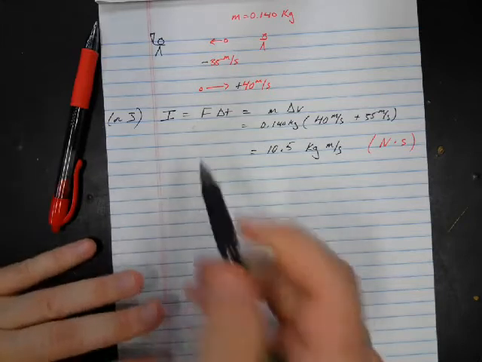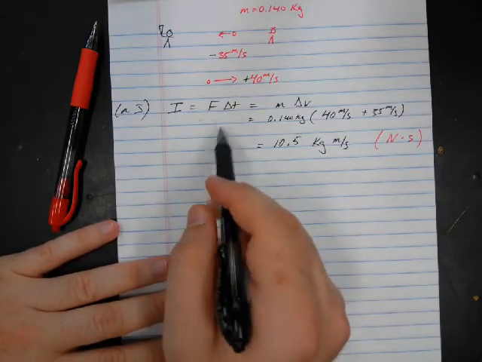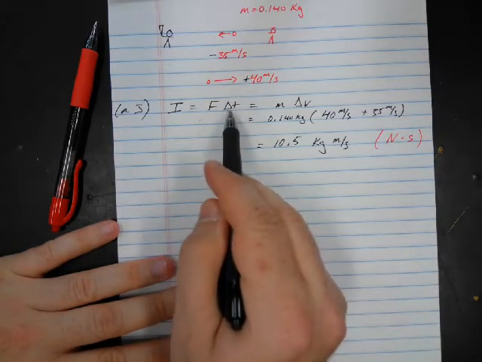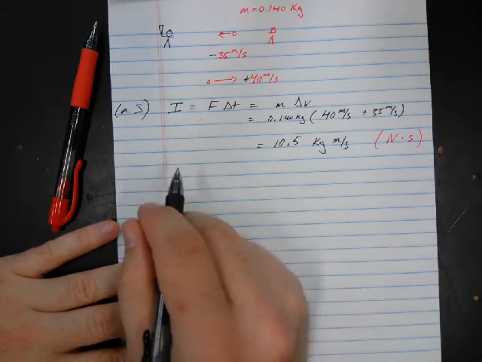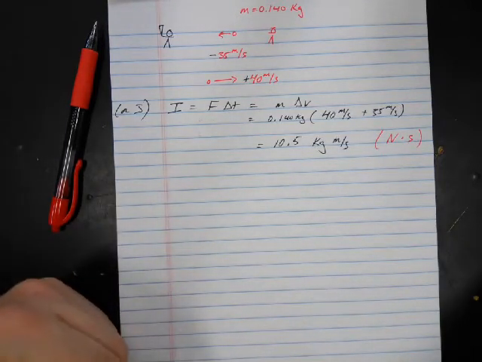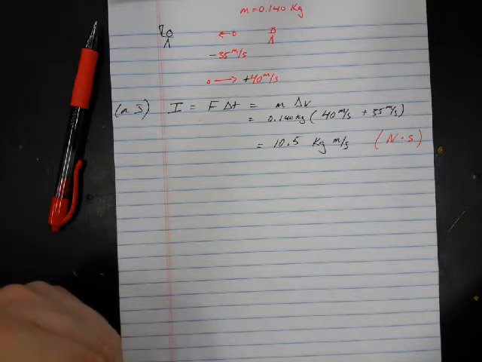Now, we can make an estimate of the time, right? If we watch a baseball game, like I don't recommend you do it, but if you watch it, it'd be hard to say that the ball's in contact with the bat for more than 1 or 2 frames.